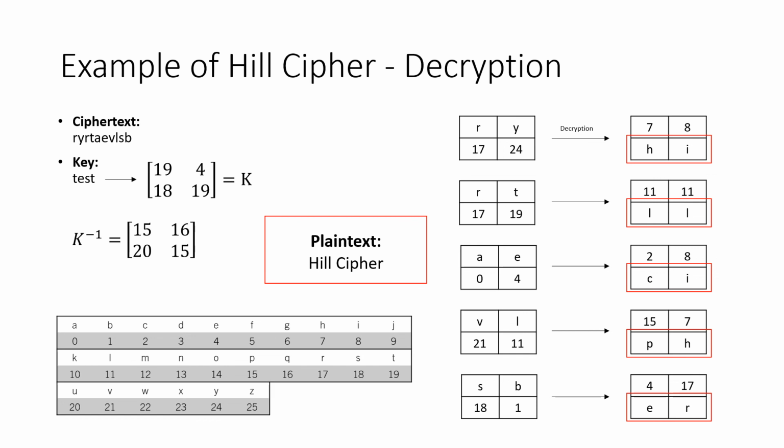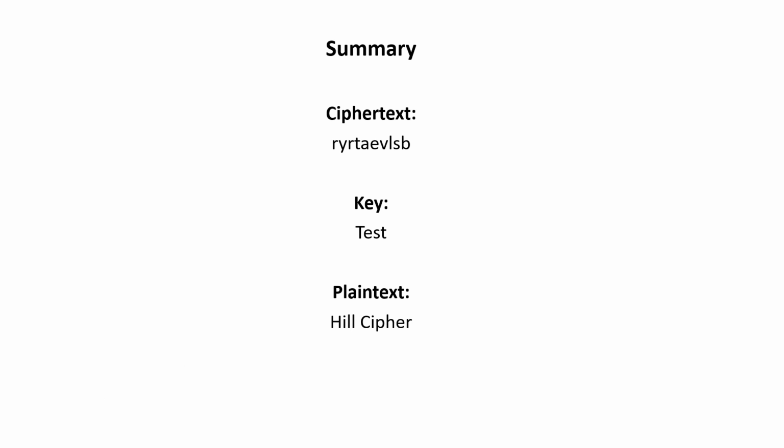So we are pretty much done with exploring our Hill Cipher, and I'm just going to give you a quick recap of what we've done for the decryption component, and that should be it for this video. So just to summarize what we've done for decryption, we started with our ciphertext. We assume that we don't have knowledge of our plaintext.